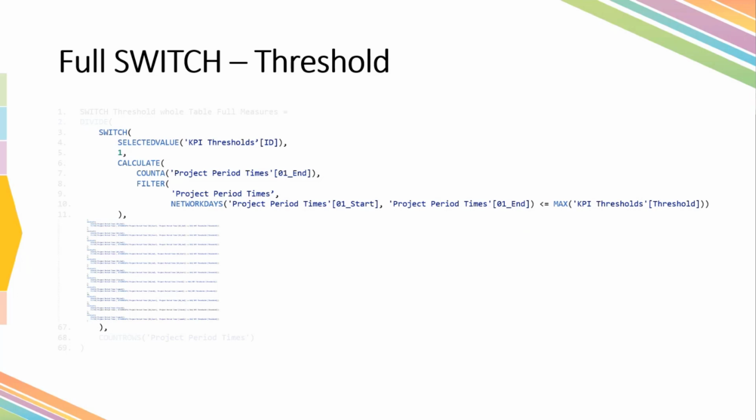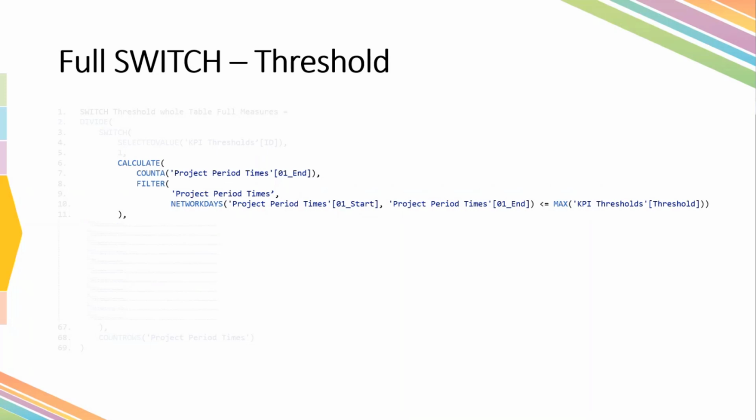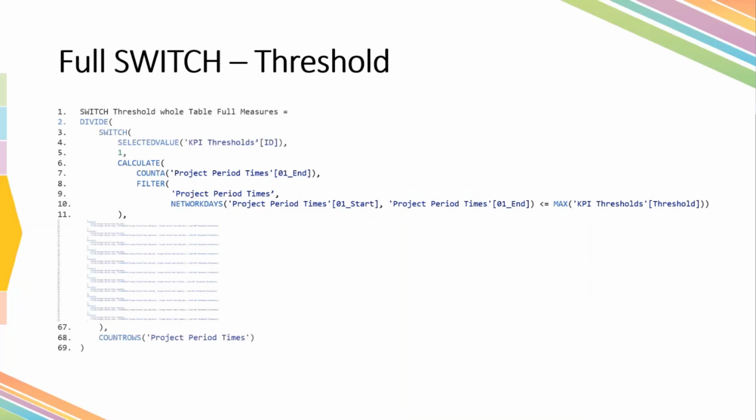It takes the ID as an expression. If it's a 1, for example, it would calculate the number of rows in the final date of this phase, filtered by how many of these projects are still within the threshold. Okay, that's all in a calculate function.